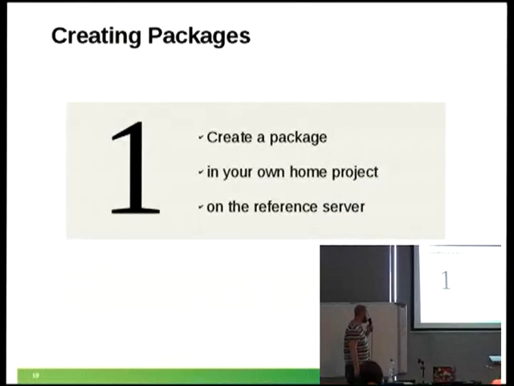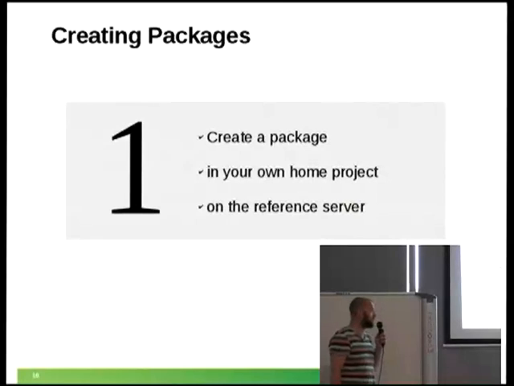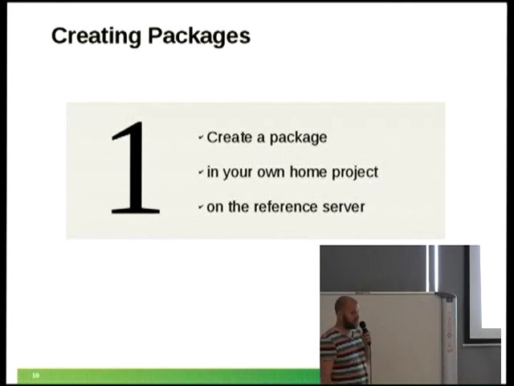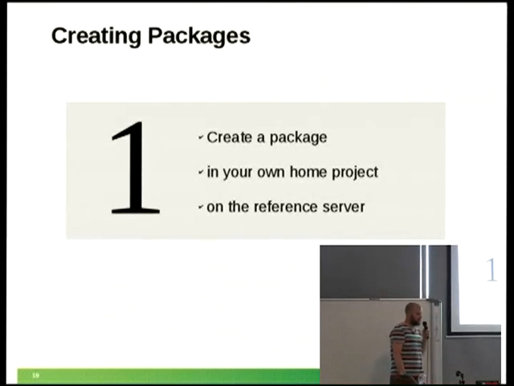Okay, everybody has OSC by now? All right. So the first thing we are going to do is to create a package in your own home project on the reference server. This is lesson 1.